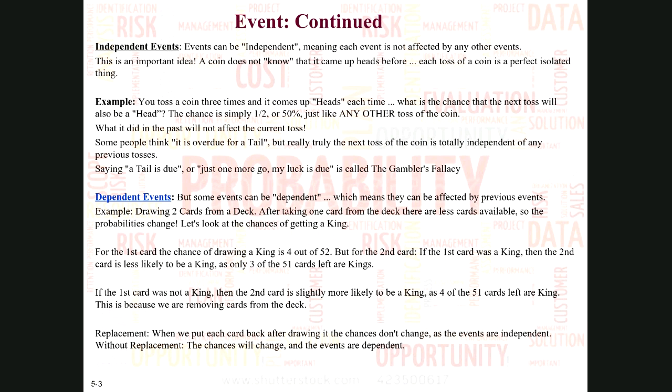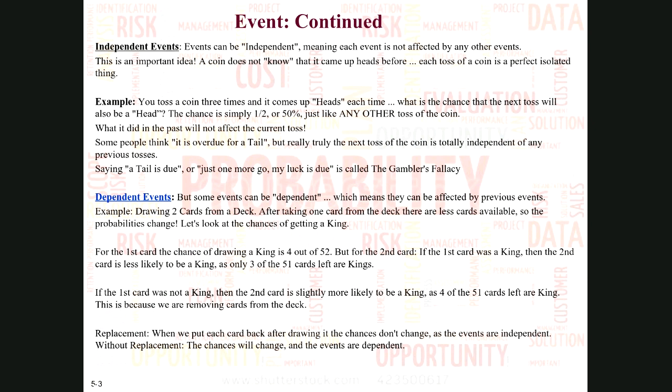And the concept of replacement is when you put each card back after drawing it, the chances don't change as the events are independent. And without replacement, the chances will change and the events are dependent. So you draw a card out of the 52 and then you put it back into the deck.